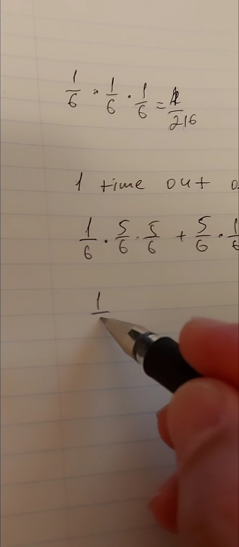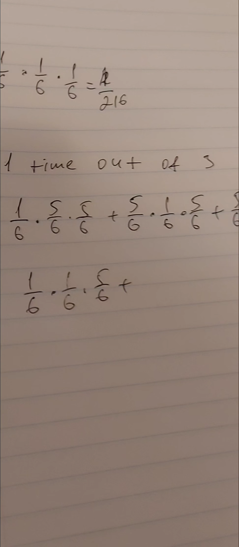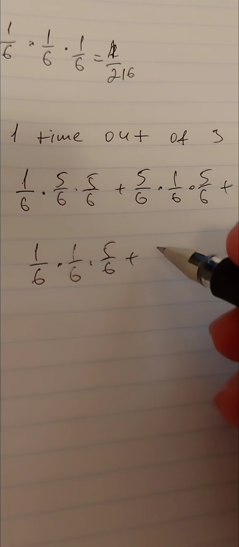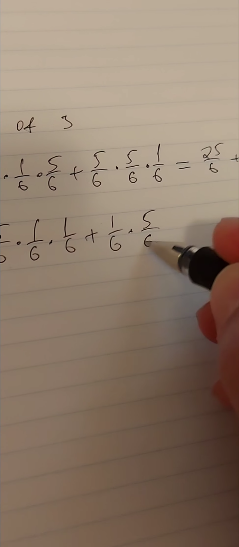Okay, so the other option, we roll 6 2 times out of 3, right? So 1 out of 6 times 1 out of 6 times 5 out of 6, right? But this is not it. We can roll 6 2 times, but in a different order. So 5 out of 6 times 1 out of 6 times 1 out of 6, or there is a third option available, where it's 1 out of 6, then 5 out of 6, and times 1 out of 6, right?